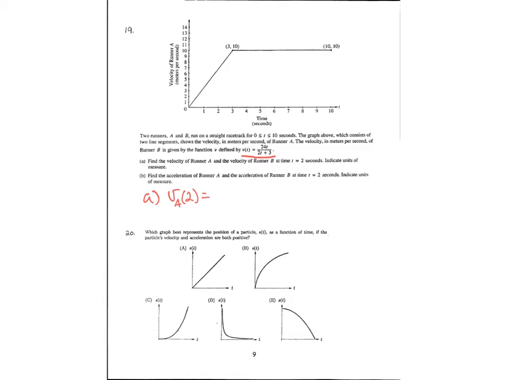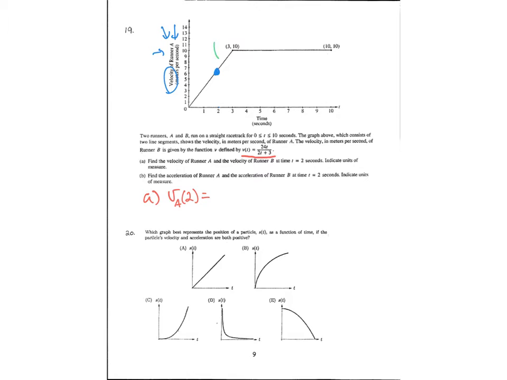Luckily for us, the velocity of runner A is given by this graph over there. This is a velocity graph, so we can just look at t equals 2 seconds and find out what our velocity there would be. What you can do is find the slope of the line. This line looks like it goes over 3 and up 10.